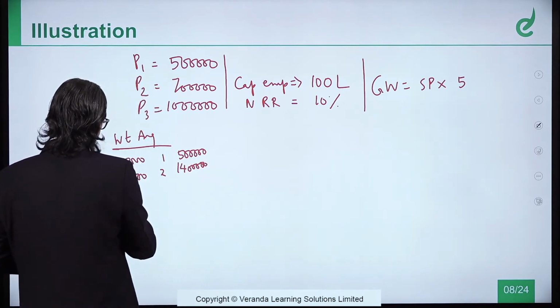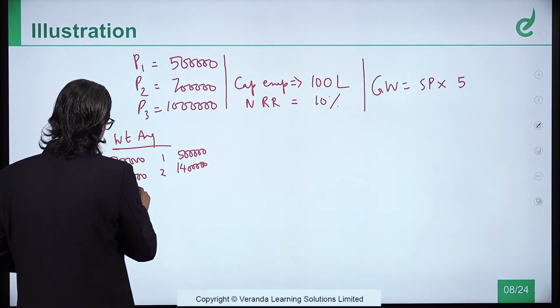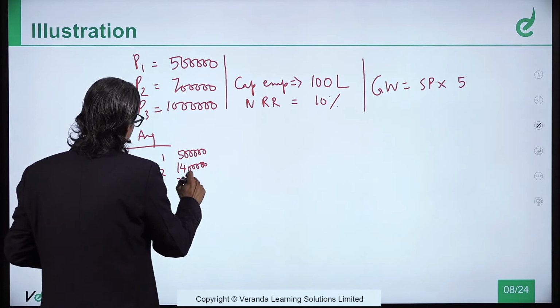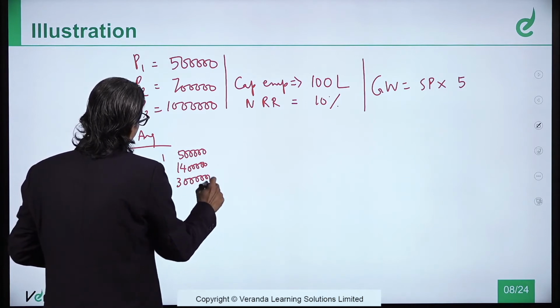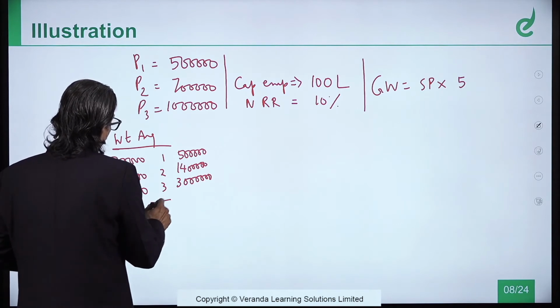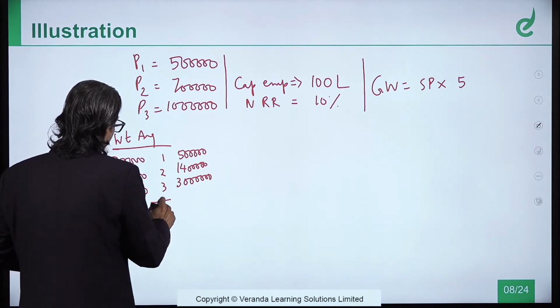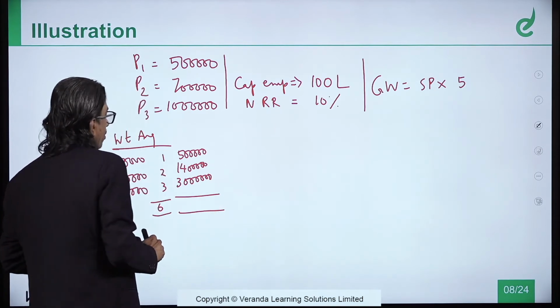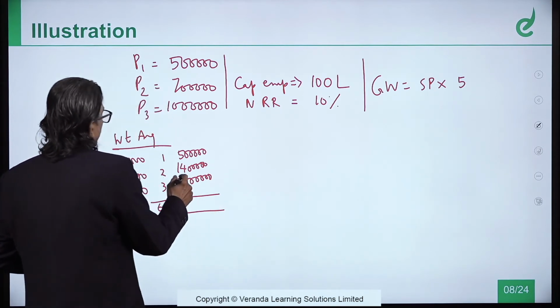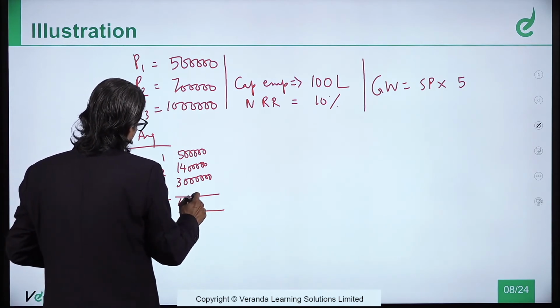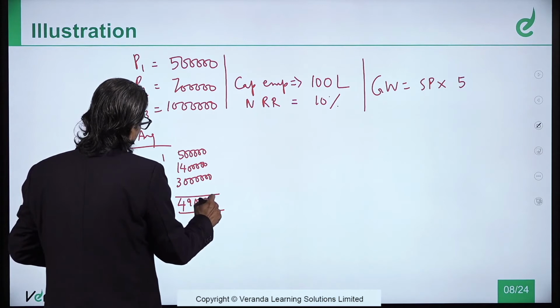Third year, 10 lakh into 3, 30 lakhs. So the total of weights is 6. Total of weighted profit is 30 plus 14 plus 5, 49 lakhs.